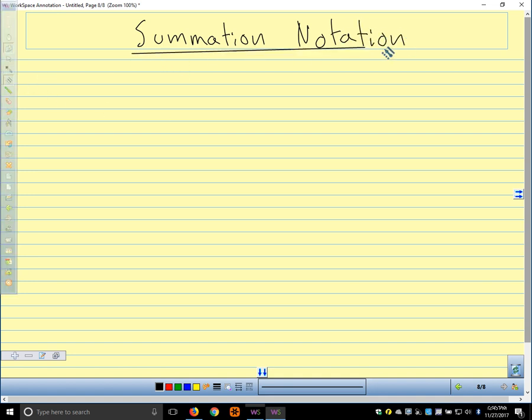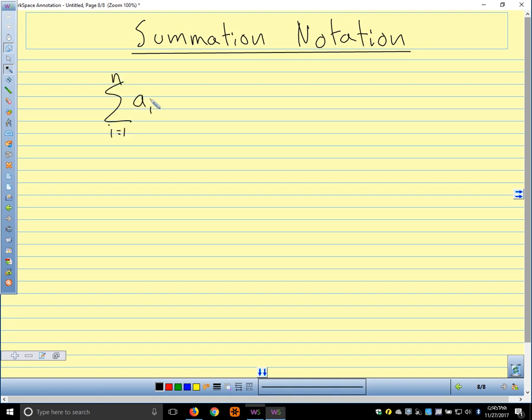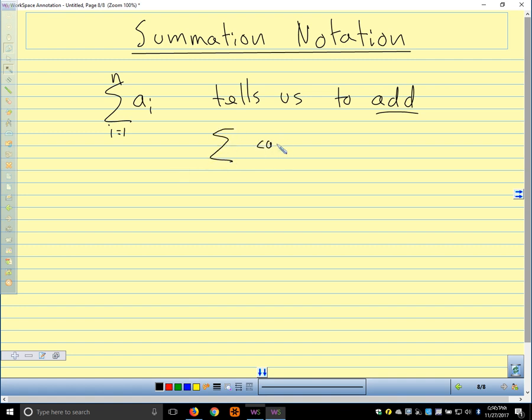So our summation notation is, we write this nice symbol. This tells us to add. This symbol is a capital sigma.